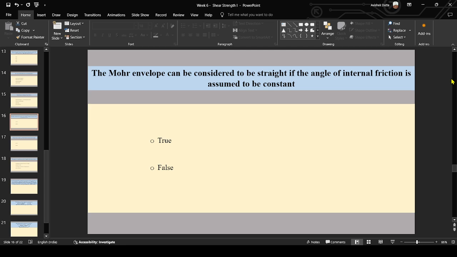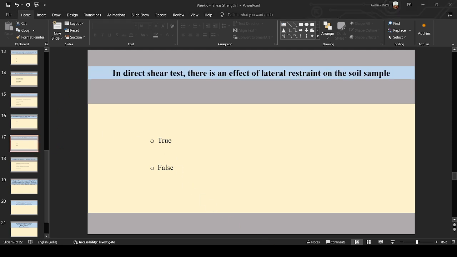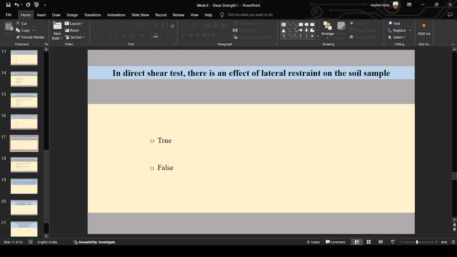Next question. In direct shear test, there is an effect of lateral restraint on the soil sample. Is this statement true or false?